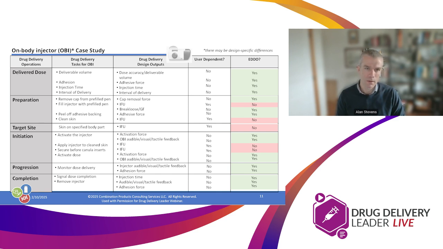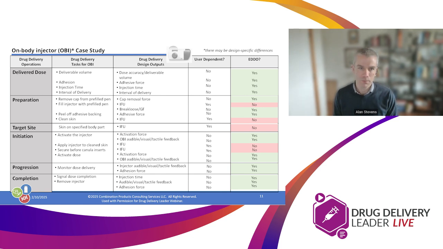It has to maintain its contact with the body through an adhesion mechanism. There's an injection time, and there may be some intervals of delivery, depending on the design of the drug delivery functions. Related to these, we have dose accuracy, adhesion force, injection time, and the delivery interval specification. These would all be related directly to the design of the device, and in that case, there would be EDDOs.